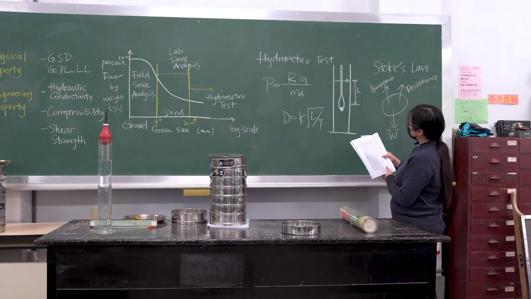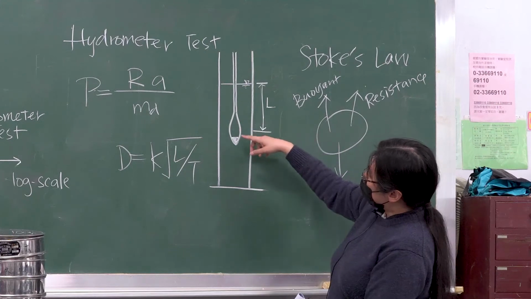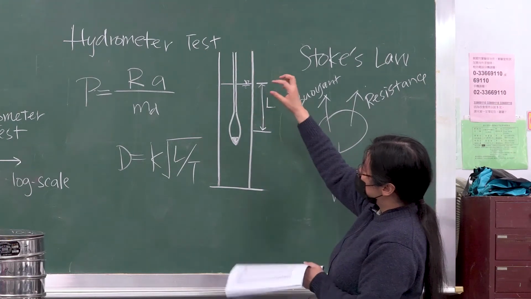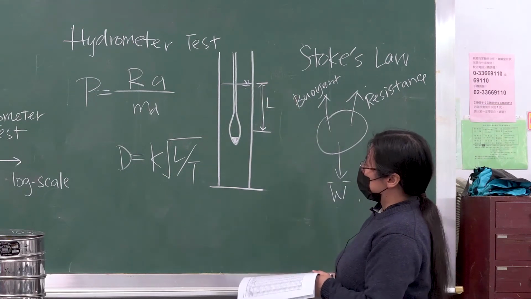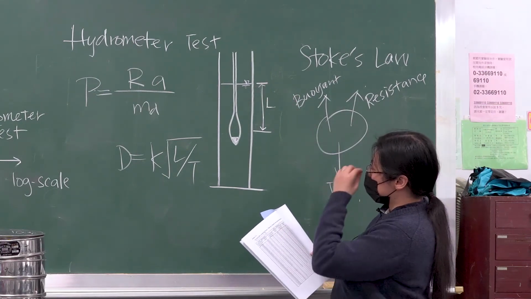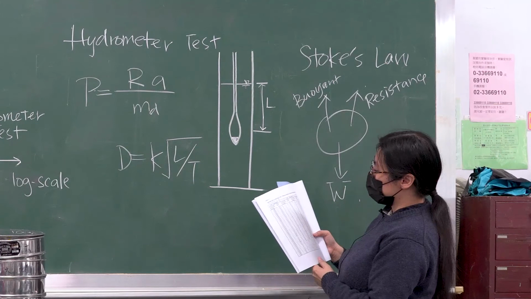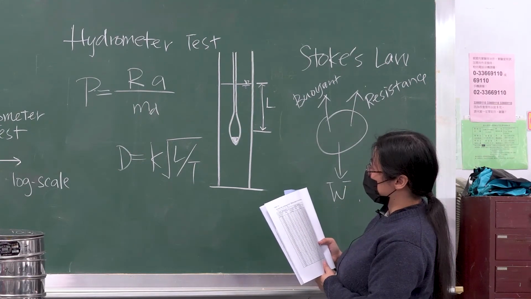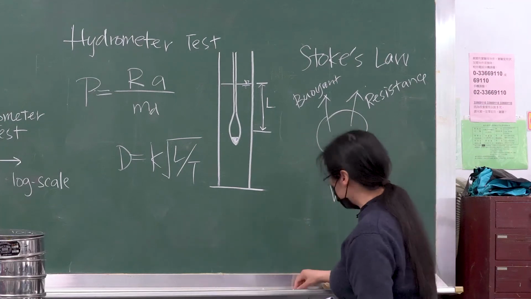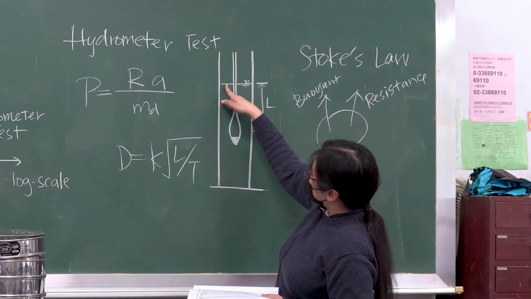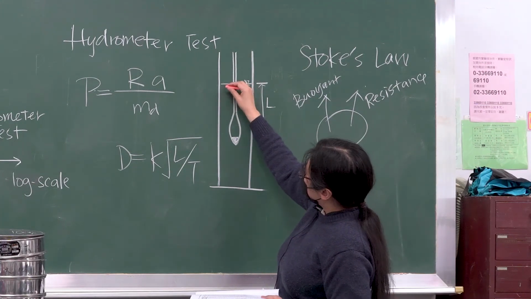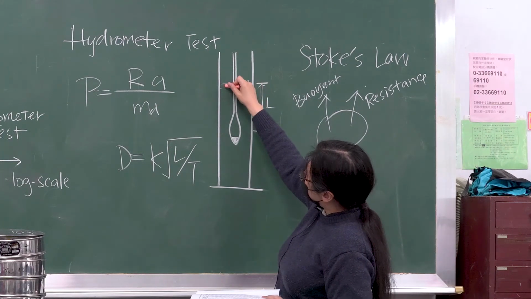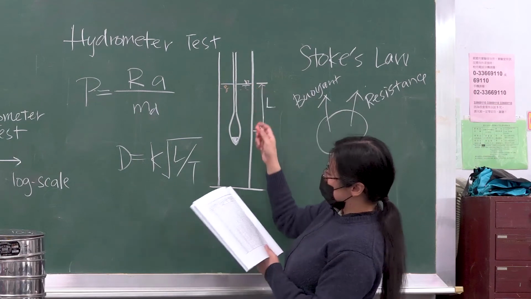Basically, what it means is when you place the hydrometer in this cylinder, the reading that you measure or record is actually different from what should be the actual hydrometer reading. So what I'm trying to say is this may be the fluid level that you observe, but the true value may be somewhat different.